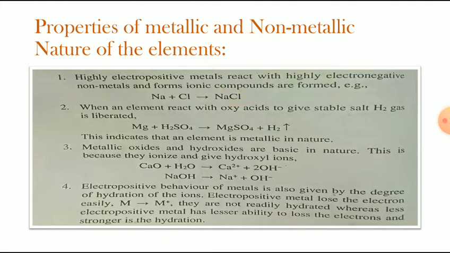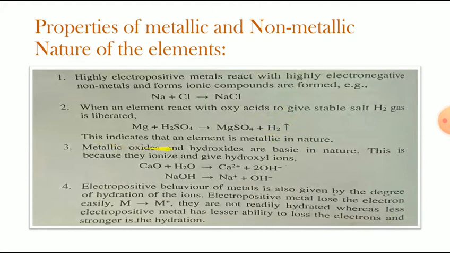Now the second one: when an element reacts with oxyacids to give a stable salt, H2 gas is liberated. That means when an oxyacid, for example H2SO4, sulfuric acid, reacts with the metal, it forms magnesium sulfate as a salt with liberation of hydrogen gas.